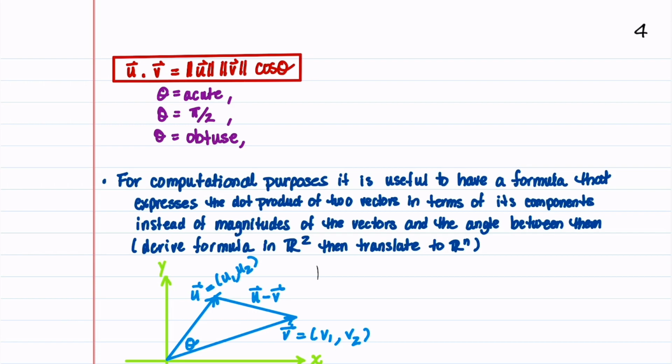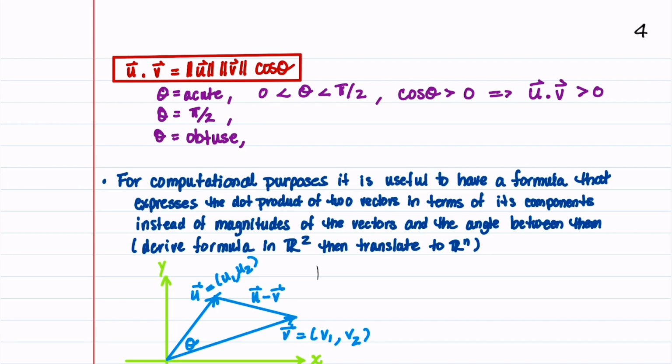If theta is an acute angle, between 0 and pi over 2, then the cosine of our angle is going to be greater than 0, and that's going to tell us that our dot product is going to be greater than 0.